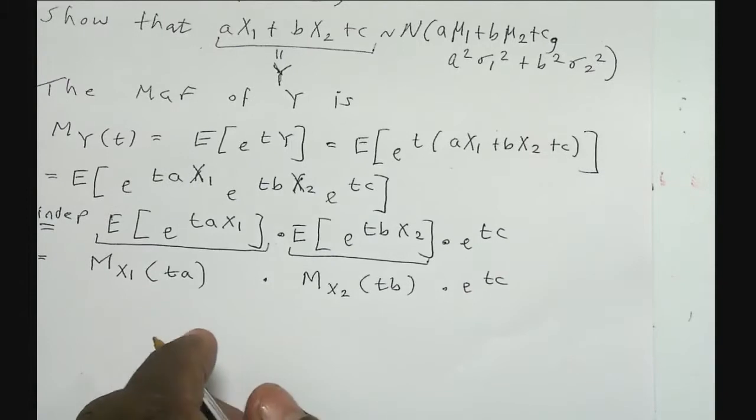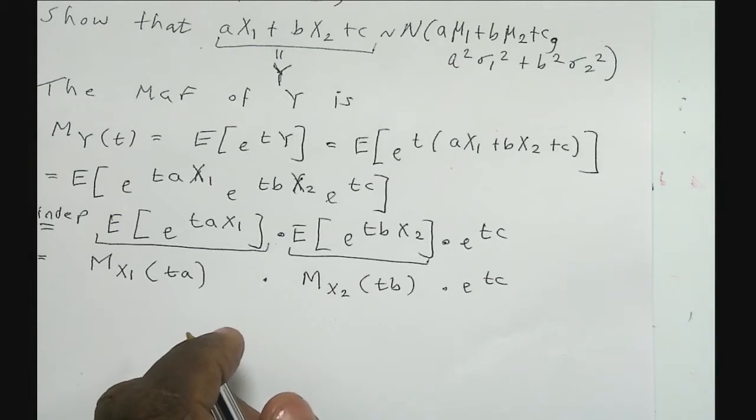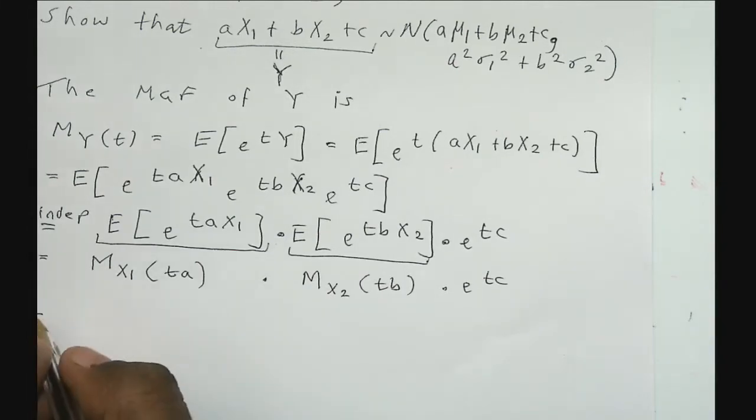Now we know from question 1 that this is the MGF of a normal variable with parameters mu and sigma, right?